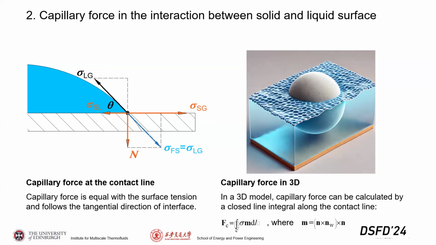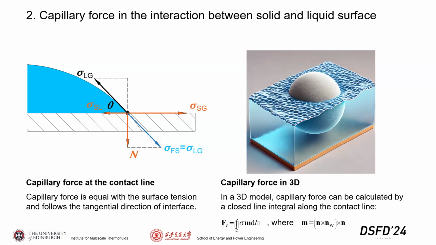According to Newton's second law, there must be a force of equivalent value, but given by the liquid, acting on the solid part. That force we call the capillary force. The capillary force is equal to the surface tension and follows the same direction as the interface.